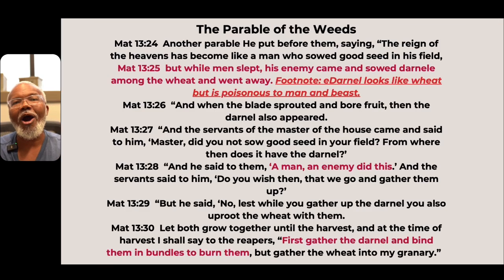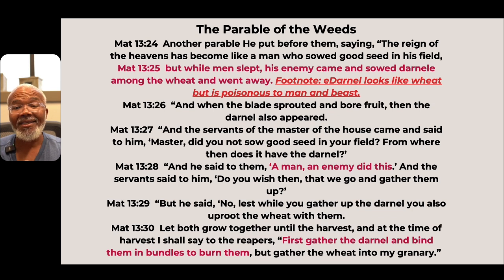So the parable of the weeds is what's going to bring us into an understanding of ultra processed food and whole food. Let's look at the comparison that we're getting ready to move into. Matthew 13, starting in verse 24. It says, "Another parable he put before them, saying, the kingdom of the heavens has become like a man who sowed good seed in his field.